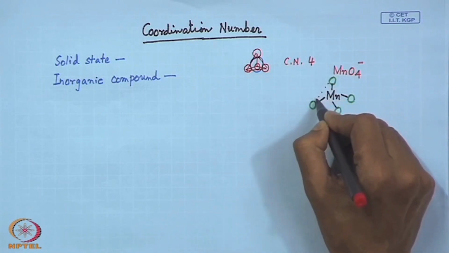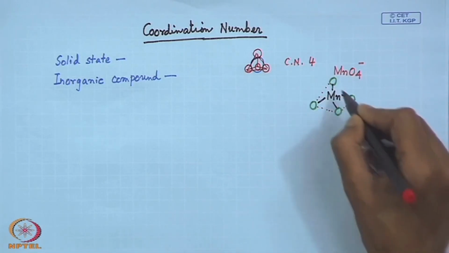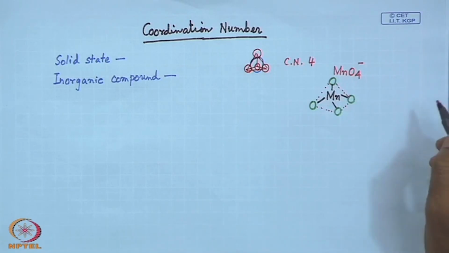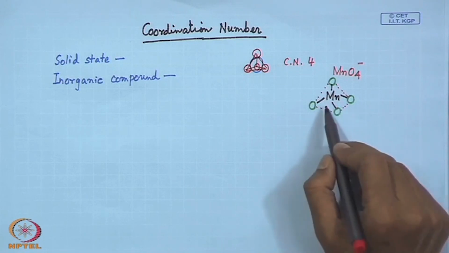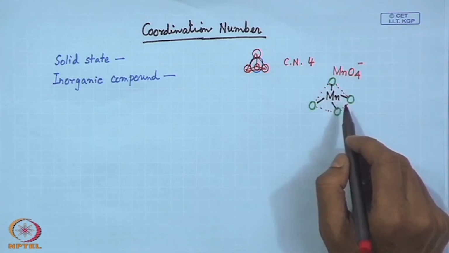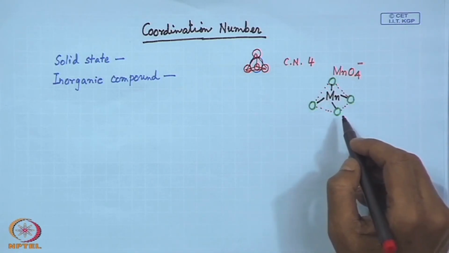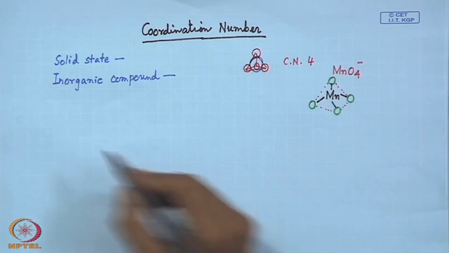So we get something where in 3-dimensional space how the entire species will behave and how the manganese center will activate some other atoms is also clearly visible if we consider the corresponding coordination number of this permanganate anion.